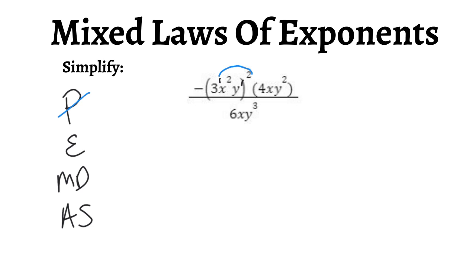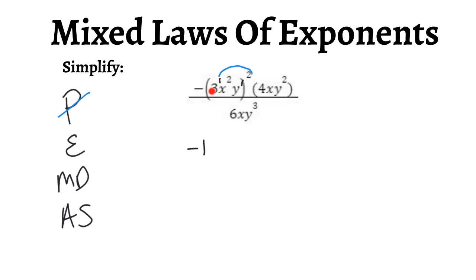Let's start with the first term. I'm going to leave that negative 1 on the outside. There's technically here a negative 1. I'm going to write it as negative 1. And inside, by distributing, I have 3 to the 2nd power, because 2 times 1 is 2.